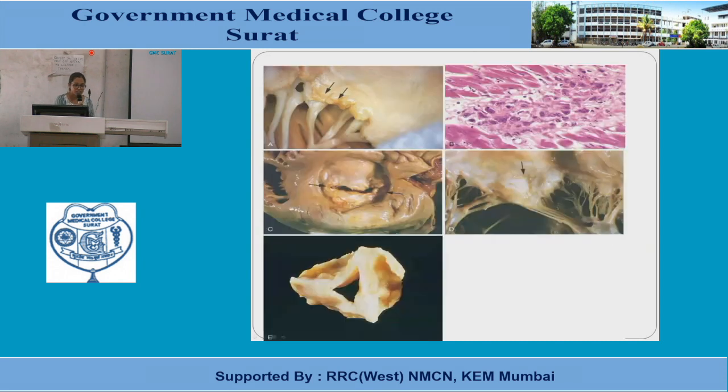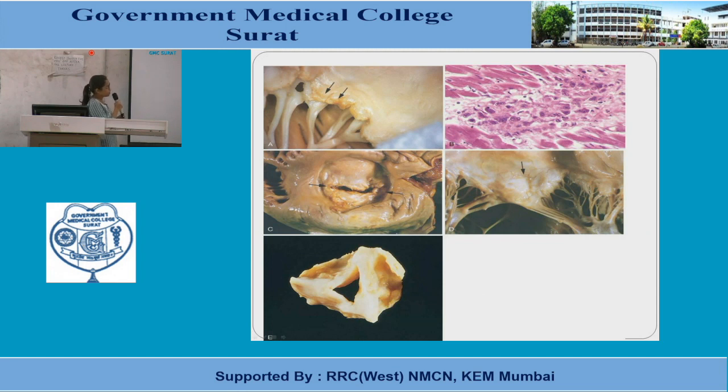So, in this figure, in the first figure, you can easily see small multiple vegetations on the valve leaflet. And there is also thickening and fusion of the chordae tendineae. In figure B, you can see formation of Aschoff body.